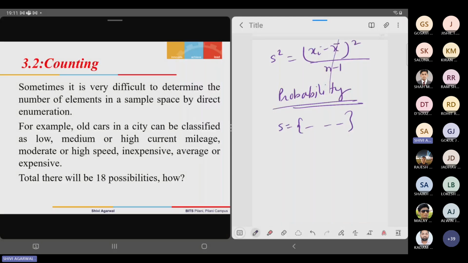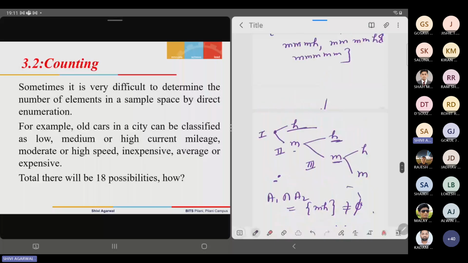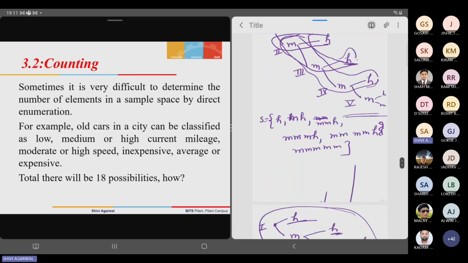For example, we have done this example. In this one, we find the sample space by using this tree diagram. There are several ways to define the tree diagram, just to define the sample space.